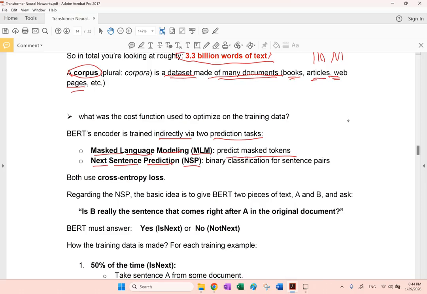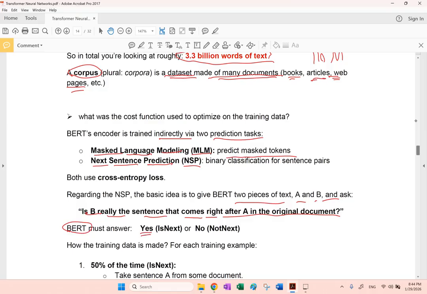And the same thing with binary classification for sentence pairs. Okay? Well, what does that mean? So if I give you two pieces of text, A and B, and then ask, hey, is B really the sentence that should come right after A in the original document? Then you have two answers.